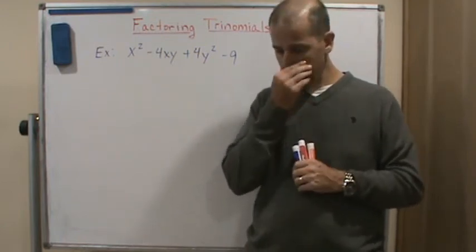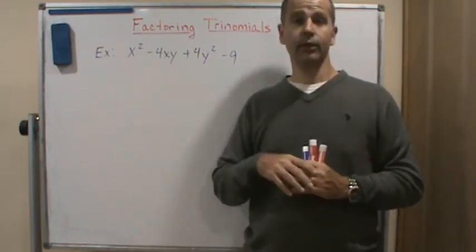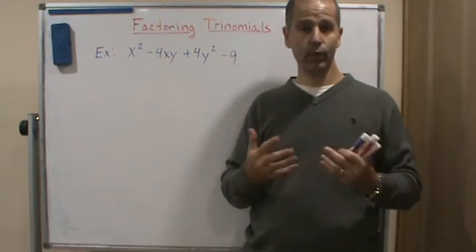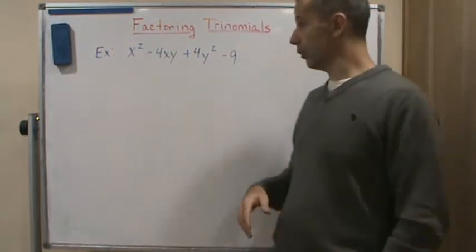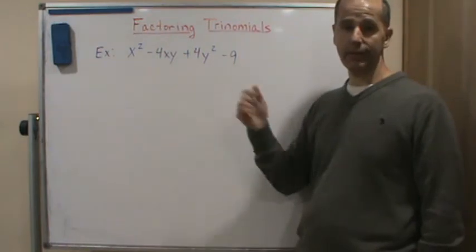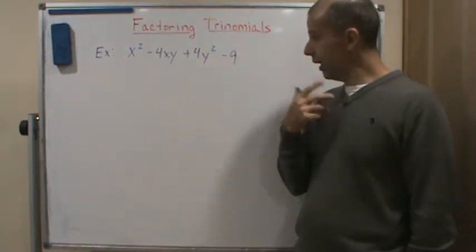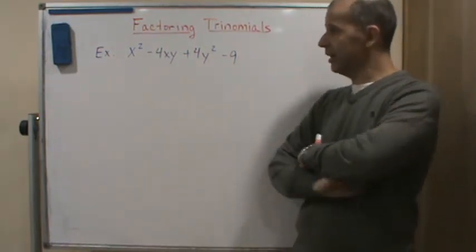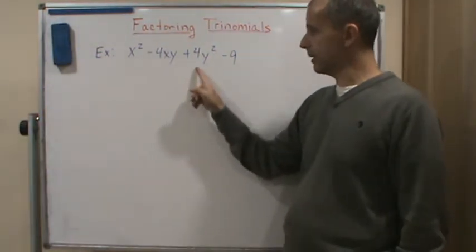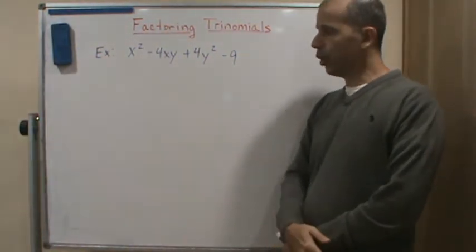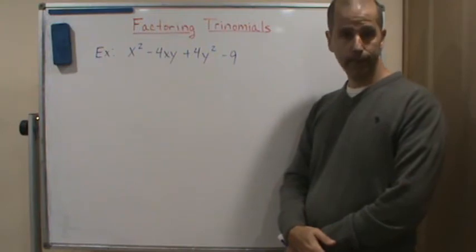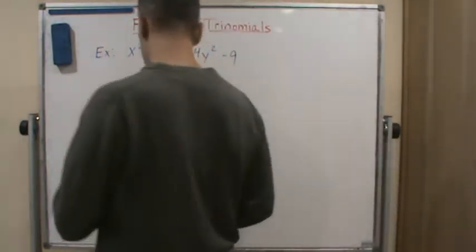Okay, now, let's have a little fun with this. Let's say we've got some more complicated things going on. So for example, let's say we have something like this. Well, one thing you might notice is that the first 3 terms form a perfect square. Because again, how do you know that?